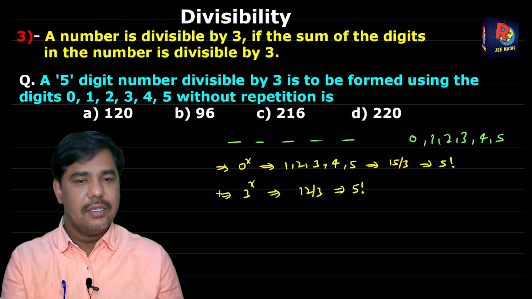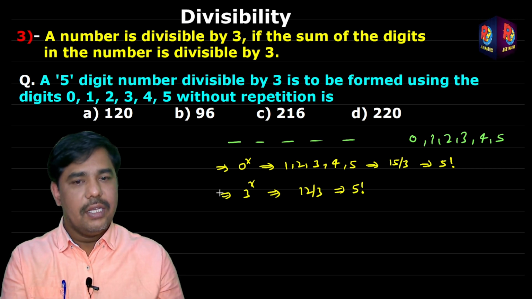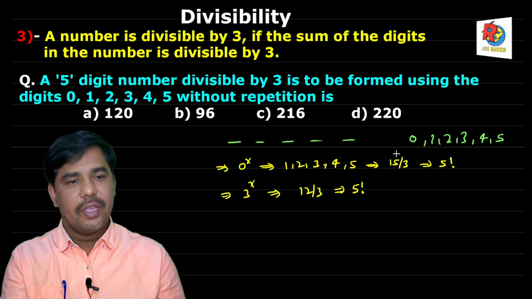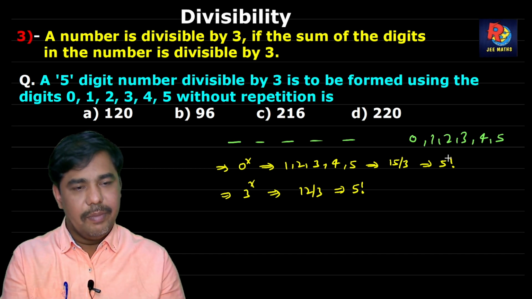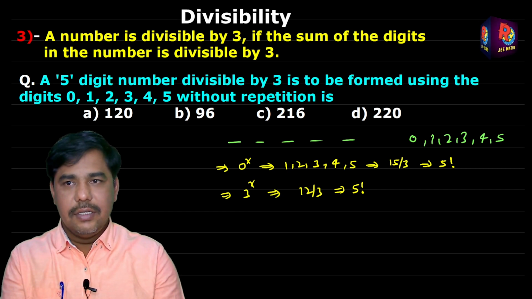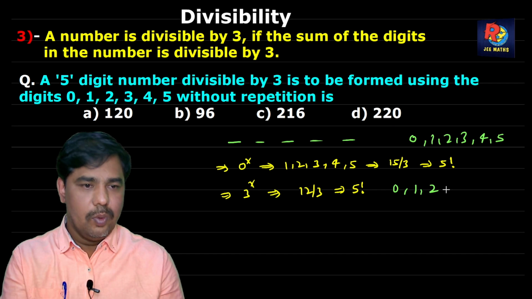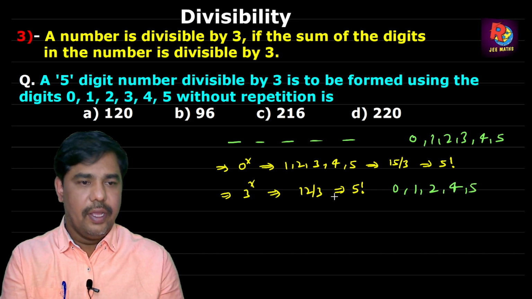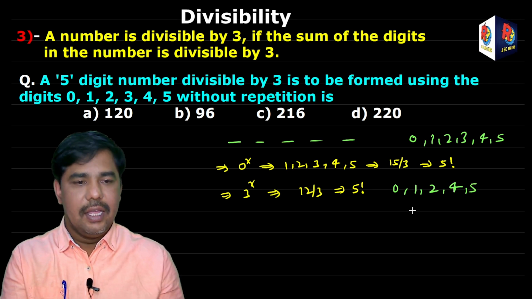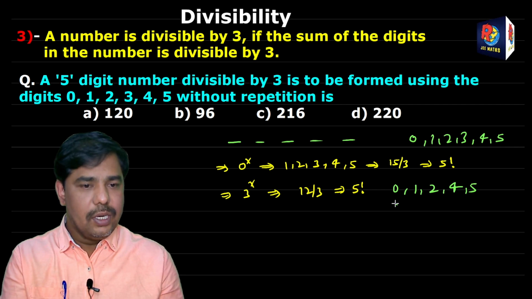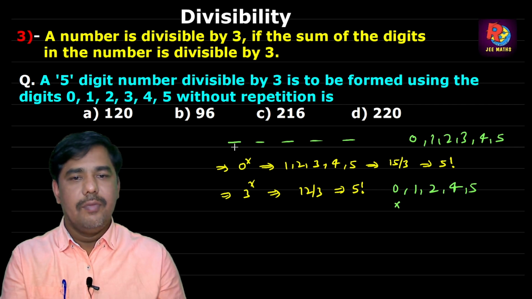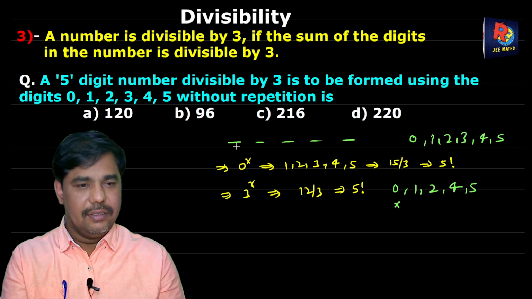But here, one case you need to remember. If I neglect the 3, then the remaining digits are 0, 1, 2, 4, 5. These are 5 digits, so 0 should not be in the fifth position. That one you need to remember.